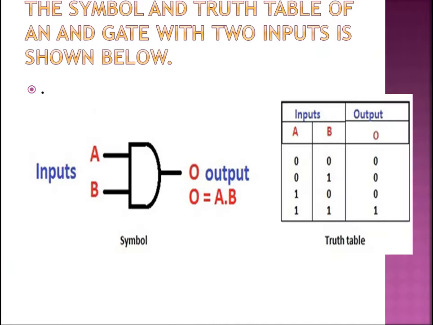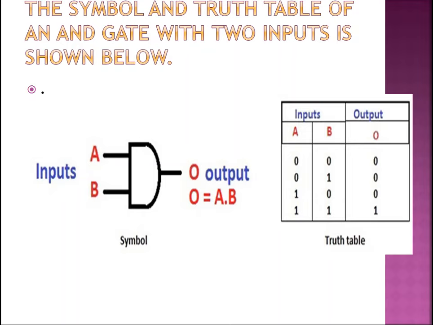Okay, the symbol and the truth table of an AND gate with two inputs is shown here. Here you see there are two inputs, A and B, and output O. Mathematically we can write it as O equals A multiplied by B. See here the truth table. When both of the inputs are zero, the output is zero.